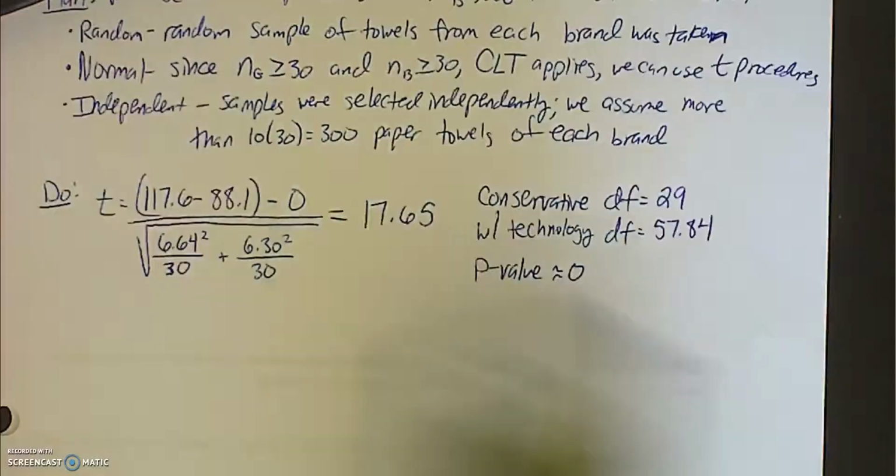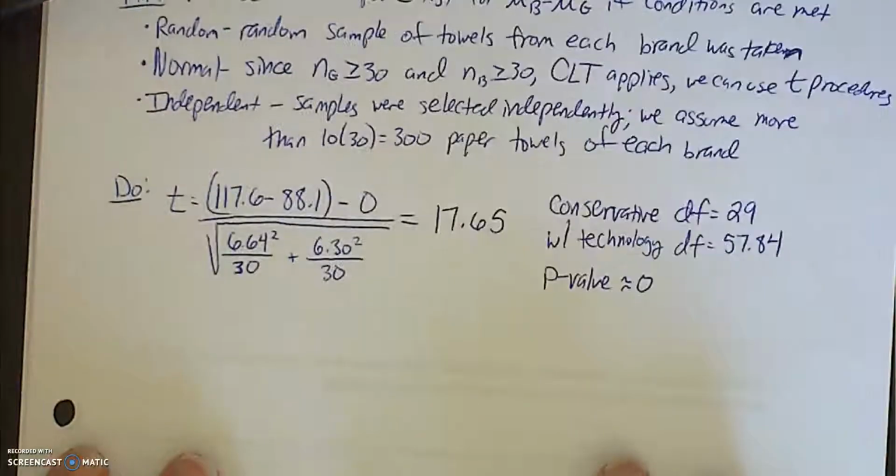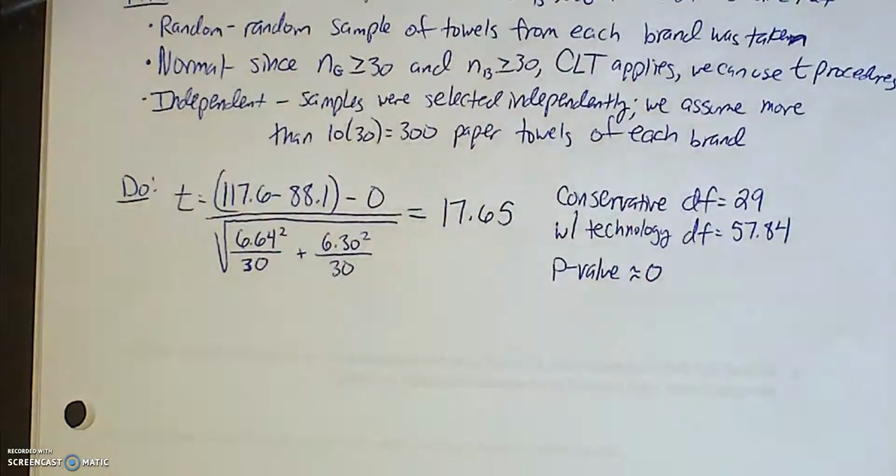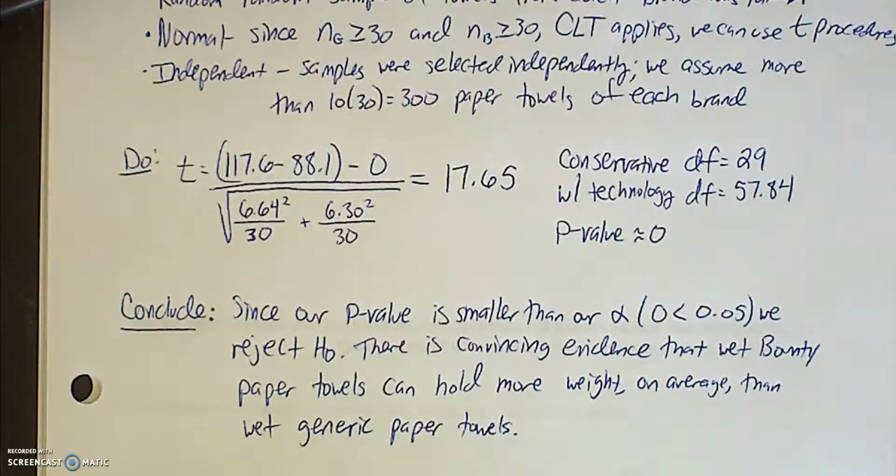Now we can come to our conclusion. Our p-value is definitely smaller than our alpha, so we're going to reject our null, which means we have enough evidence to believe that Bounty wet paper towels can hold more weight on average than the wet generic paper towels. So there's our conclusion. I just wanted to put it up there so you can see it and copy it down if you need to pause this video to do so.